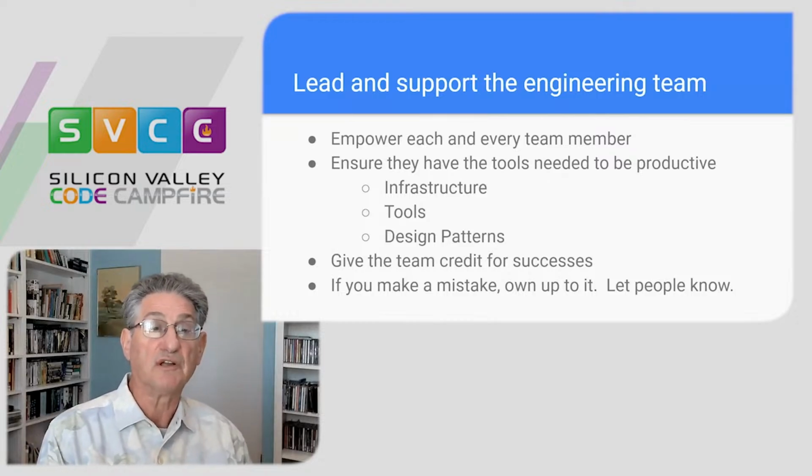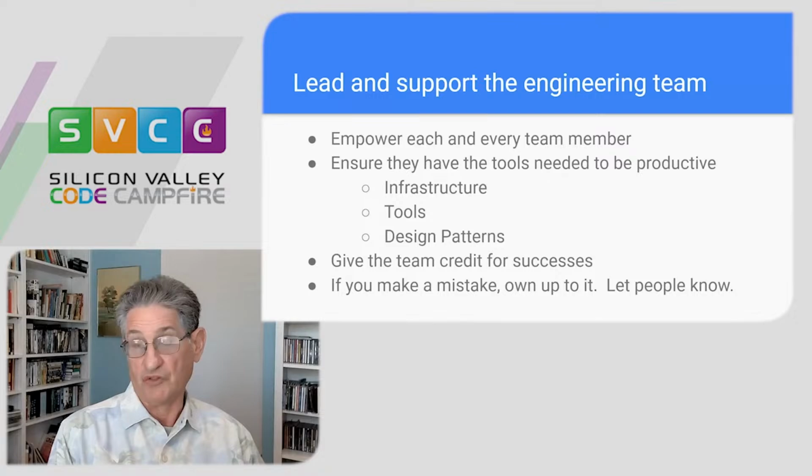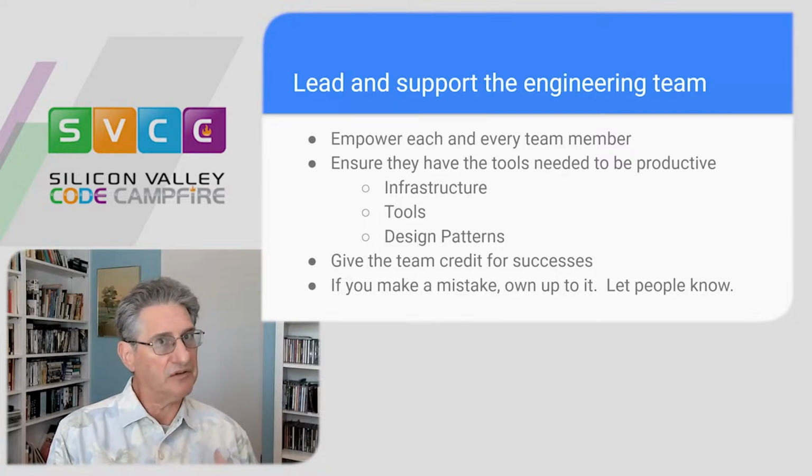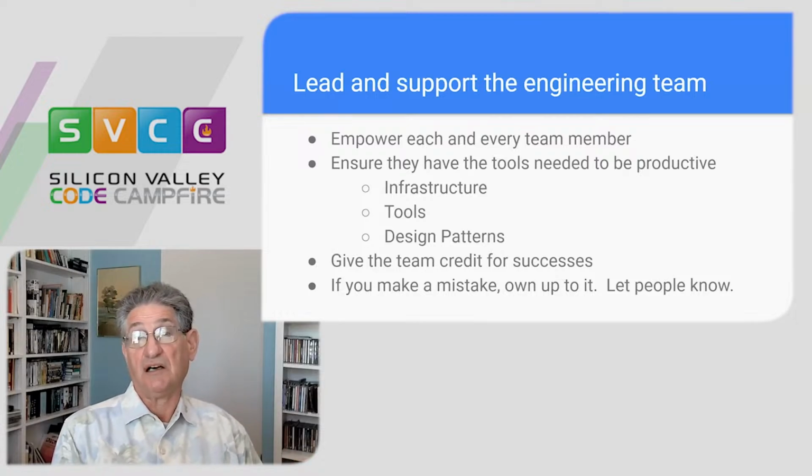And lastly, if things go wrong, if you make a mistake, own up to your mistakes. Make sure no one else is taking the blame for you. You need to be the leader. And if there's blame that needs to be apportioned, you should accept and take that blame. Even if it's the team making a mistake, you take that blame for them.